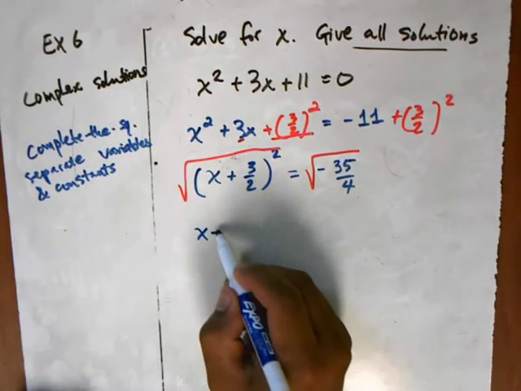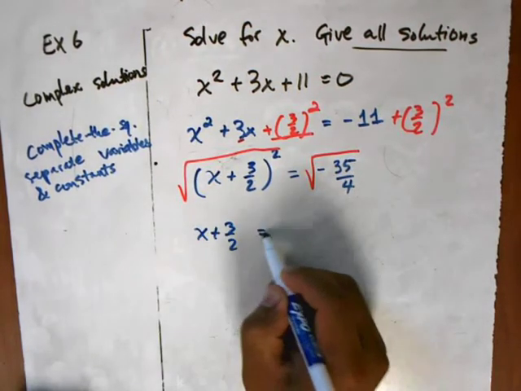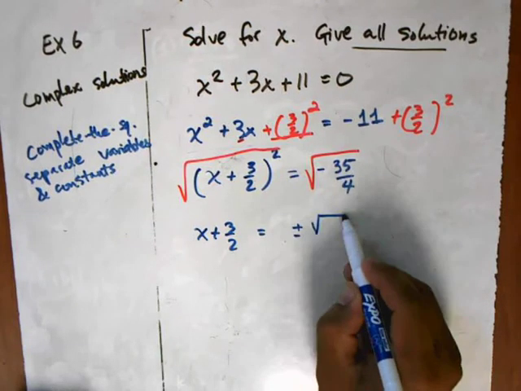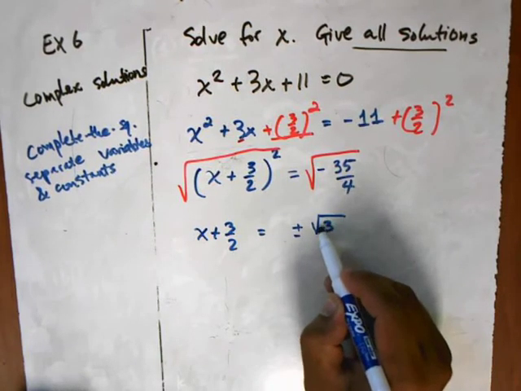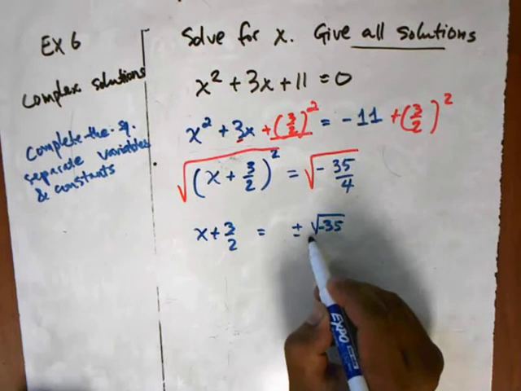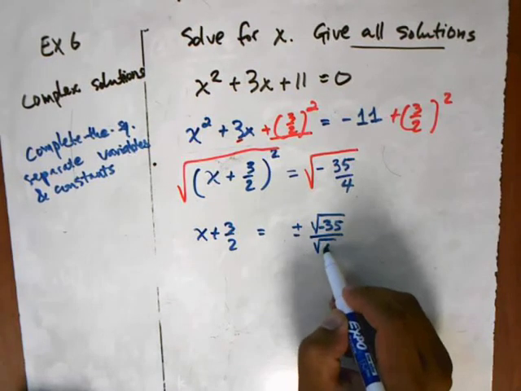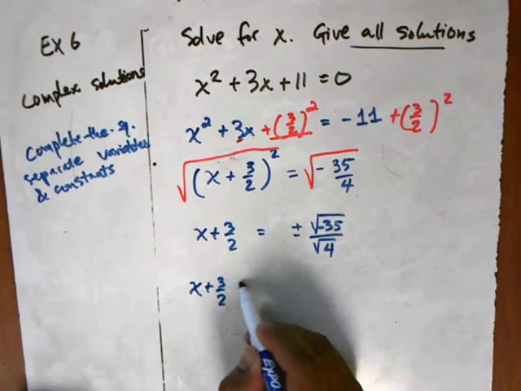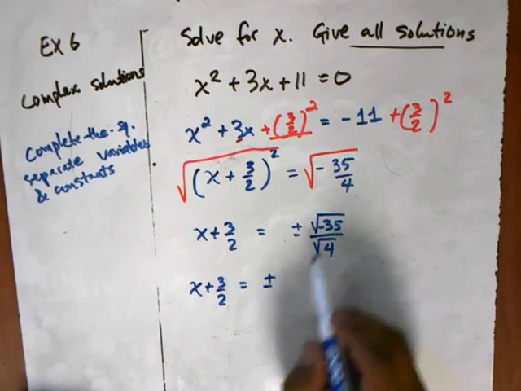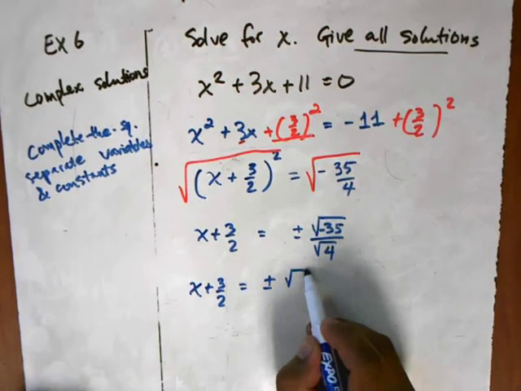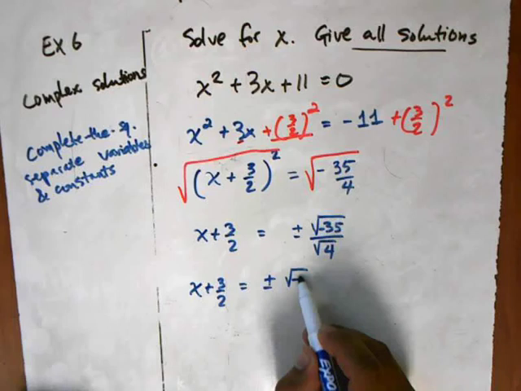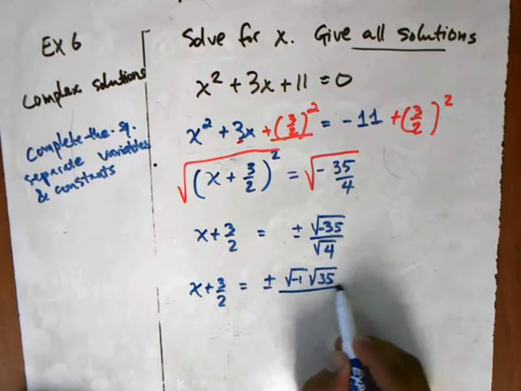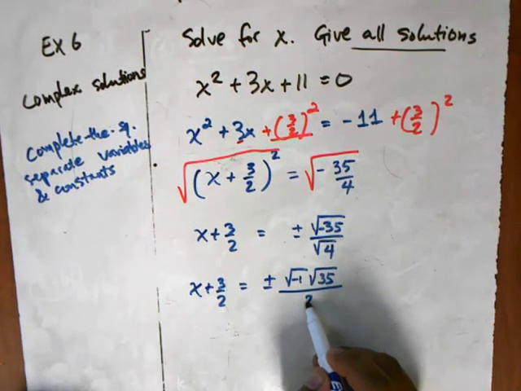So on the left side it becomes x plus 3/2, and on the right side we have plus or minus the square root of negative 35 over the square root of 4. I'm going to split the negative 35 into negative 1 and positive 35. And my denominator here, of course, gives me 2.